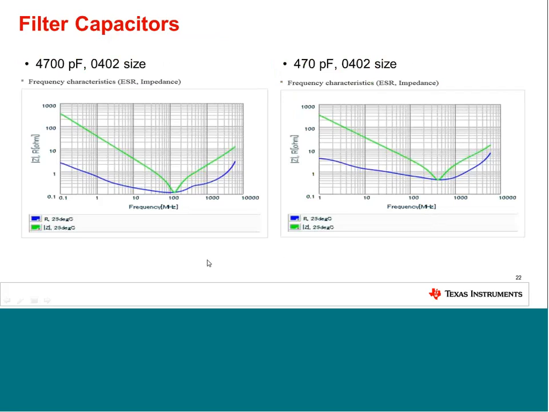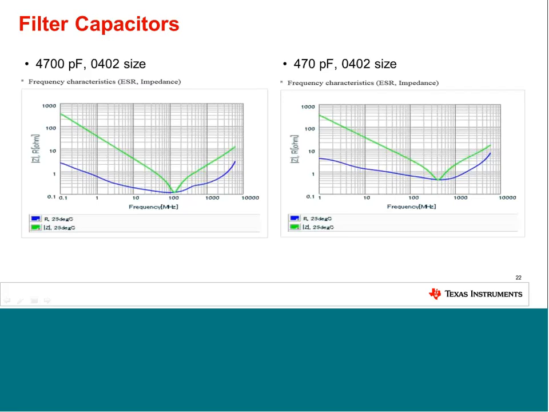If you compare those at the critical frequency, which is 400 megahertz in this case, the impedance is in the range of 0.7 or 0.8 ohms. And here, exactly at the self-resonant frequency, you only have 0.3 or 0.4 ohms.